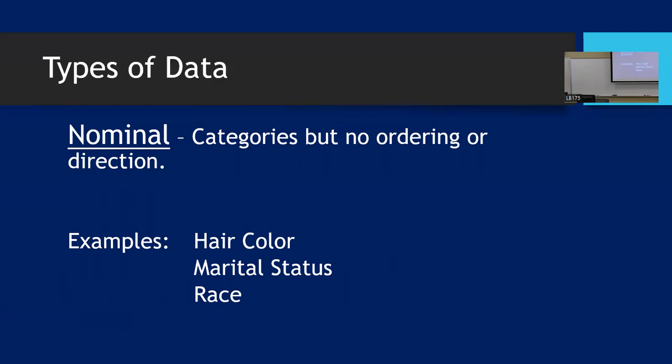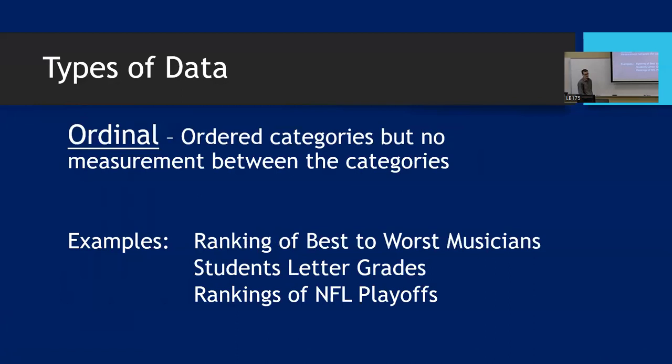So there's categories, but no direction, no ordering. That's nominal. And the root word there, nominal, it means there's a name, right? Nominal means there's a name, but nothing else. So we've named a bunch of categories, but nothing else.